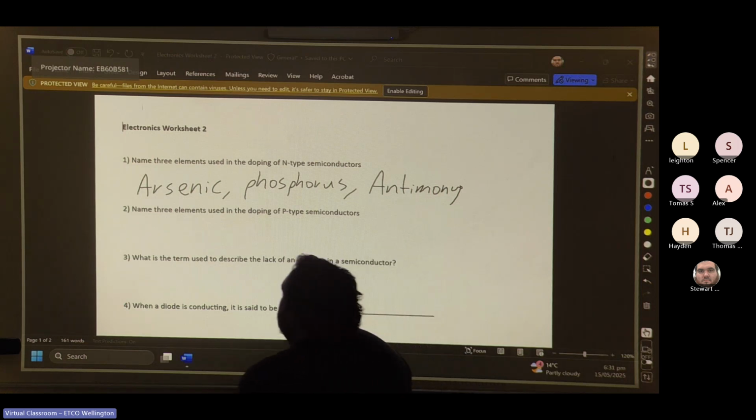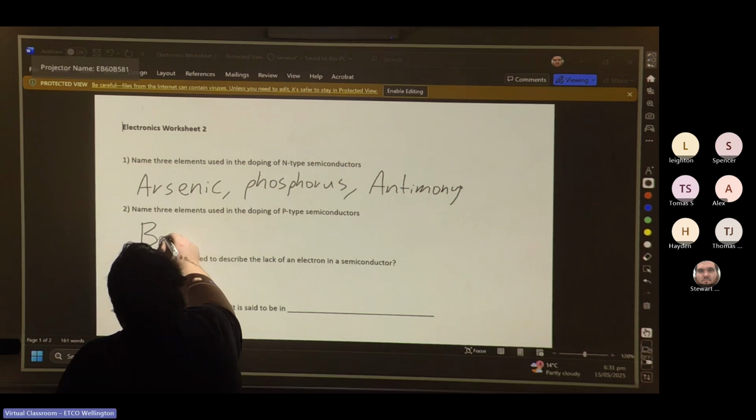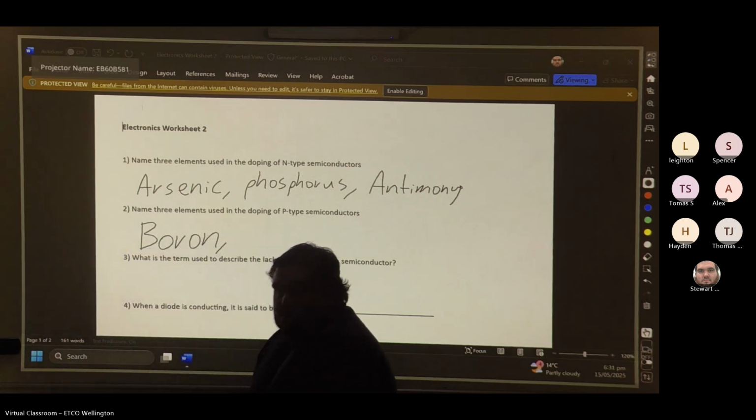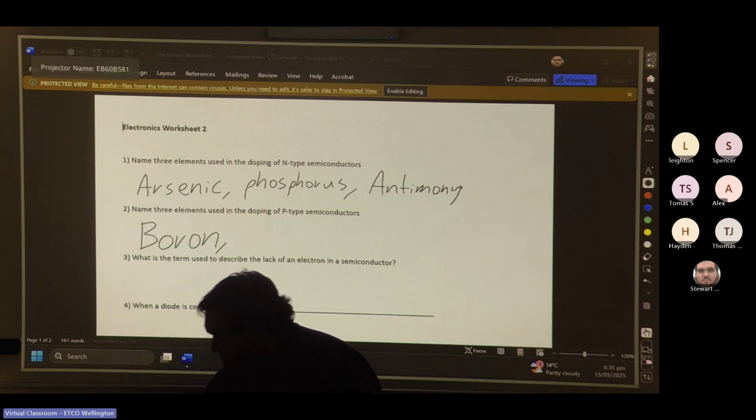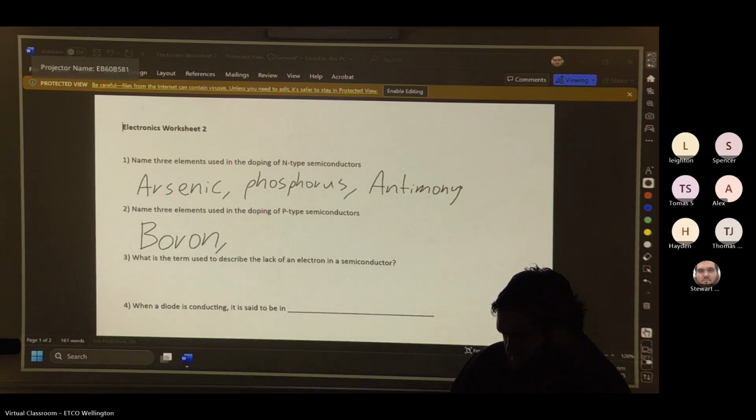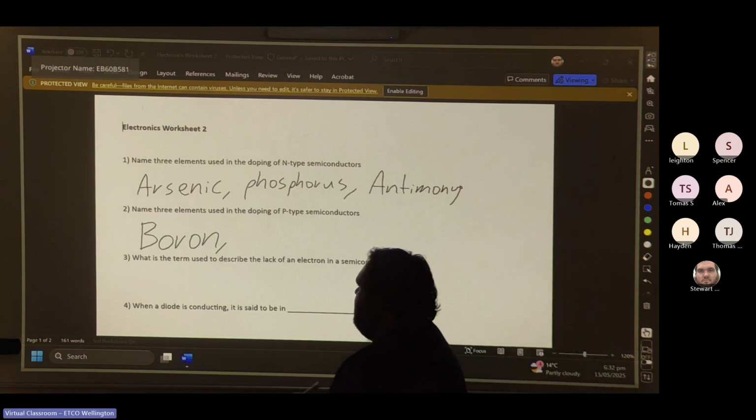Definitely boron. I don't think we'd use, yeah, gallium and indium, yeah.